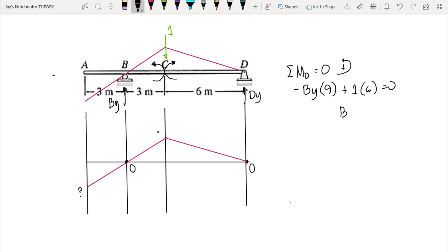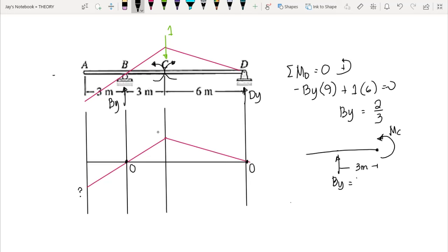So we have by equal to 2/3. Now to compute the moment at C when our 1 unit load is at point C, we cut at this point. We have by and we have a moment MC, with a direction of counterclockwise. The distance is 3 meters.